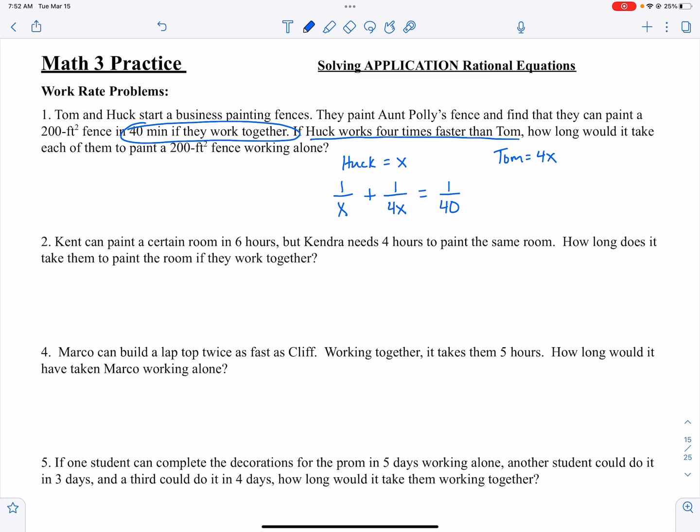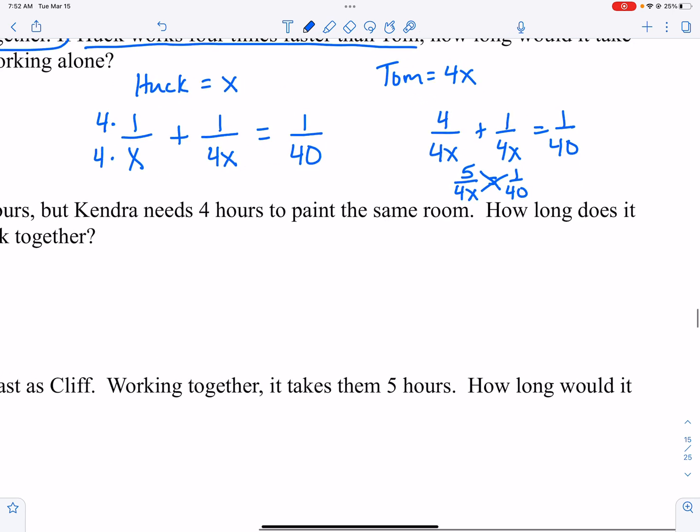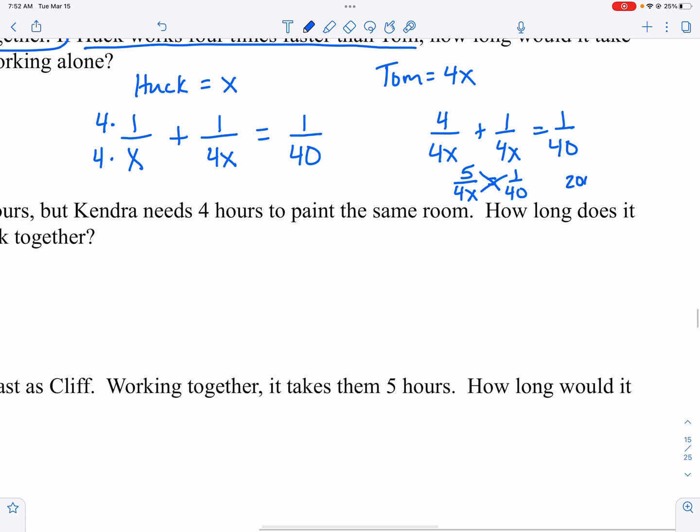So we need to get a common denominator, so let's multiply the first fraction by 4. So we get 4 over 4x plus 1 over 4x equals 1 over 40. With our common denominator, we're able to add those together and get 5 over 4x equals 1 over 40. And from there, we can just cross multiply. And so we get 5 times 40 would be 200.